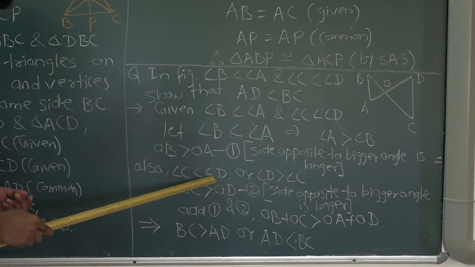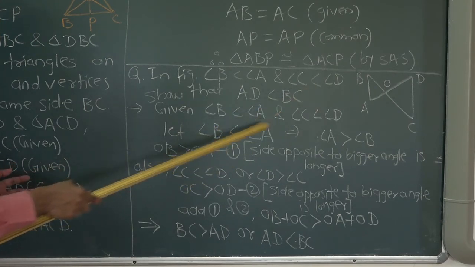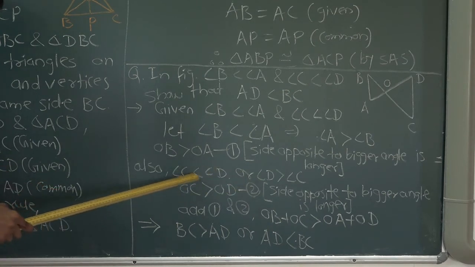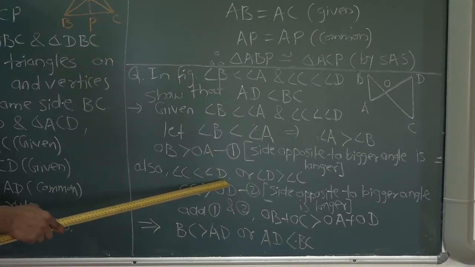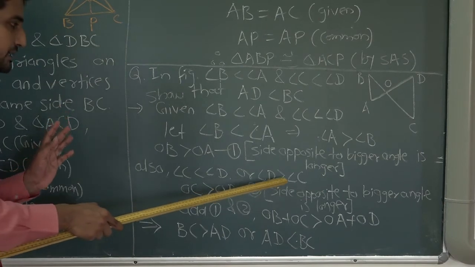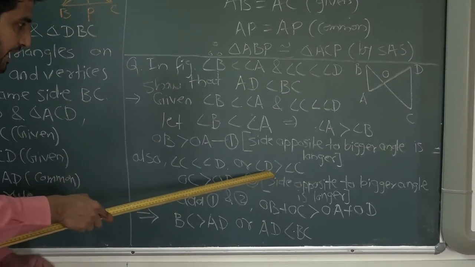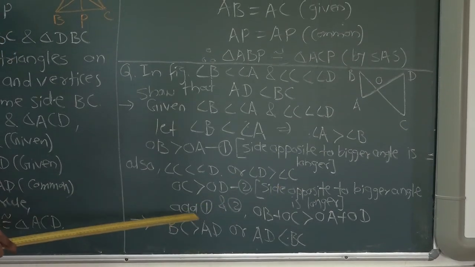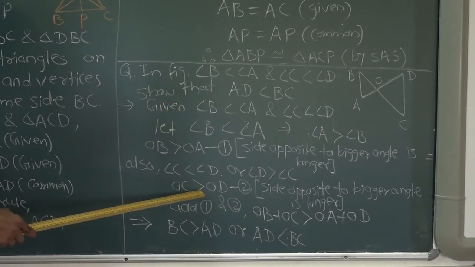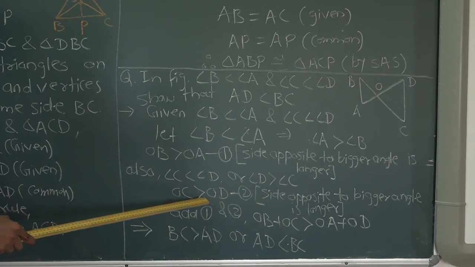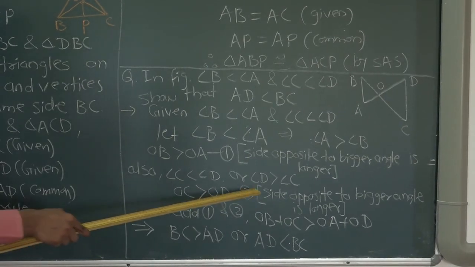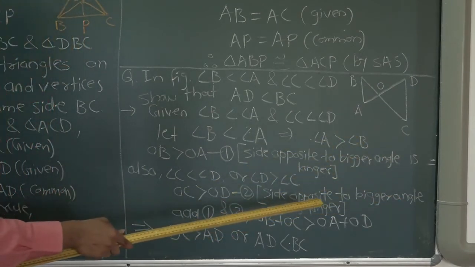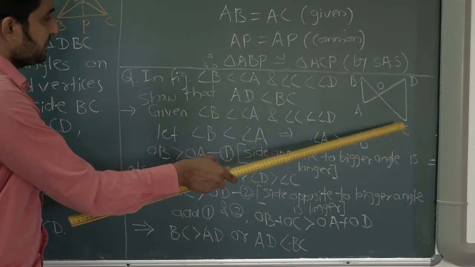Angle C is less than angle D, that is given. Or we may say that if angle C is less than angle D, it means that angle D is greater than angle C. Then OC is greater than OD. Why? Side opposite to the bigger angle.